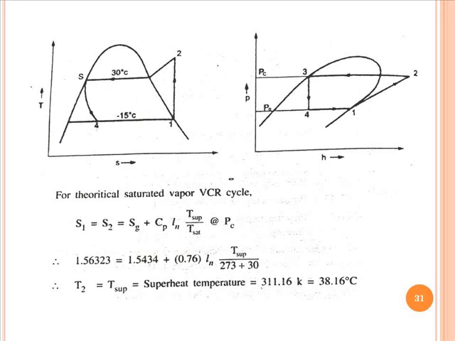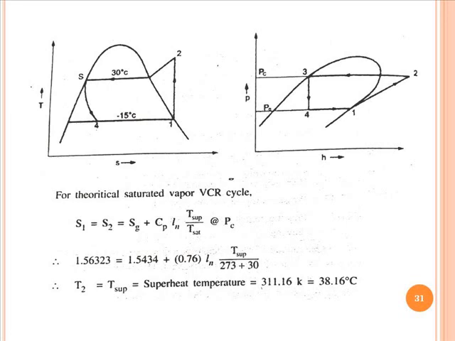Now for the theoretical saturated VCR cycle, S1, that is equal to S2, and that is equal to Sg plus Cp into ln of the superheat temperature divided by the saturation temperature at condenser pressure.